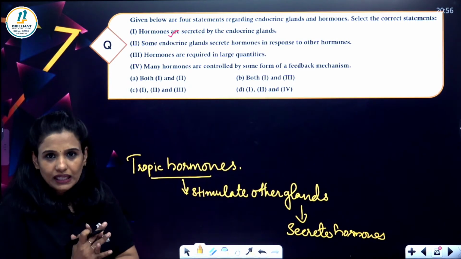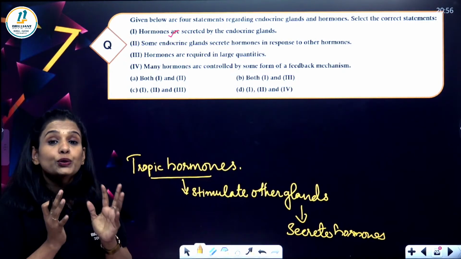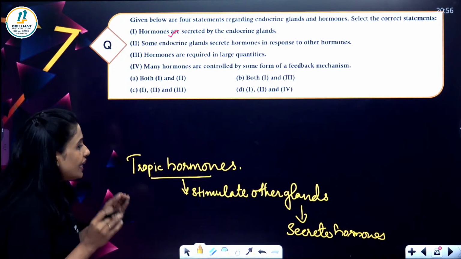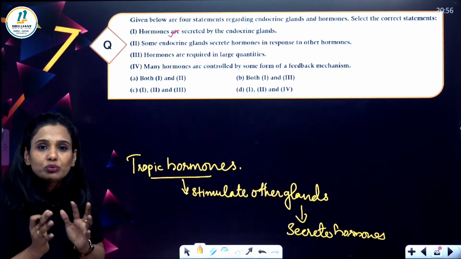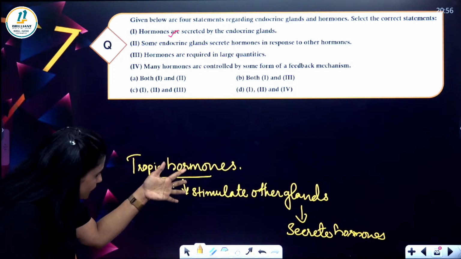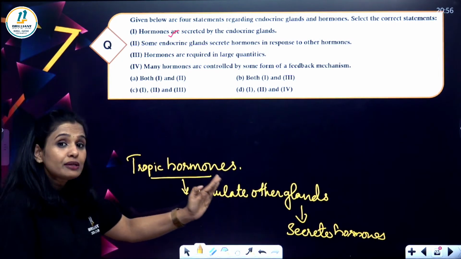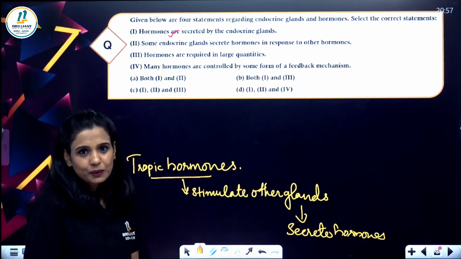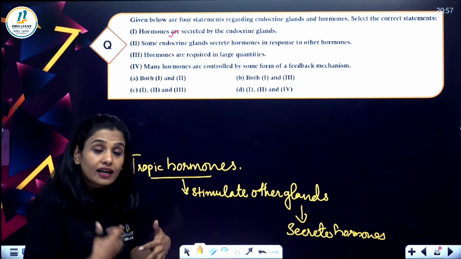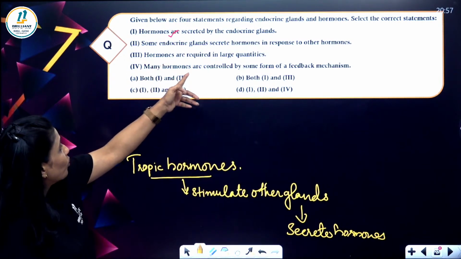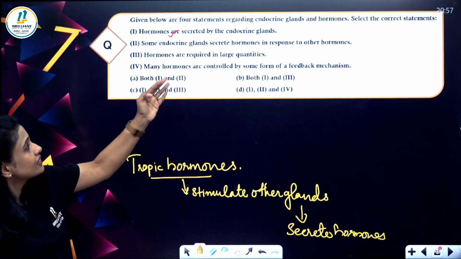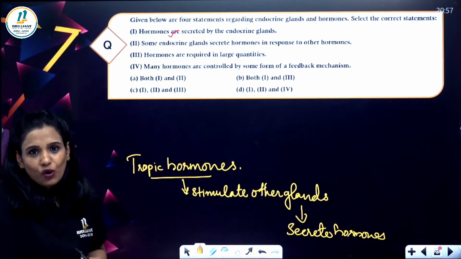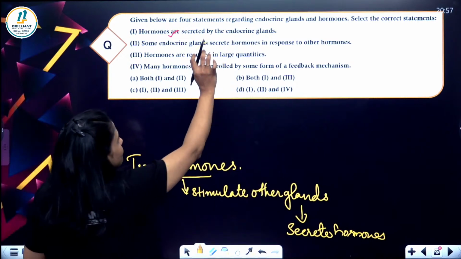For example, the pituitary gland produces thyroid stimulating hormone. This thyroid stimulating hormone stimulates the thyroid gland to release thyroxine. So there are some hormones which stimulate other glands to secrete hormones. So this statement is also correct.